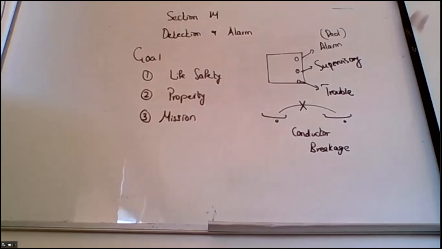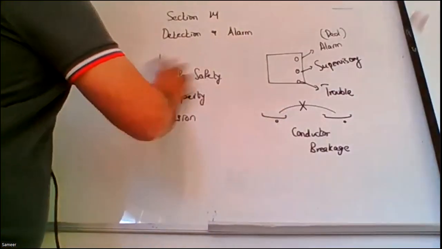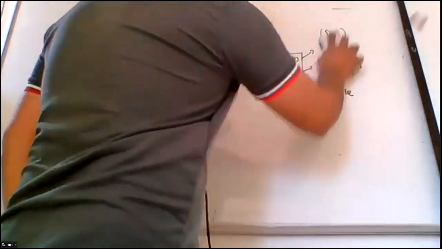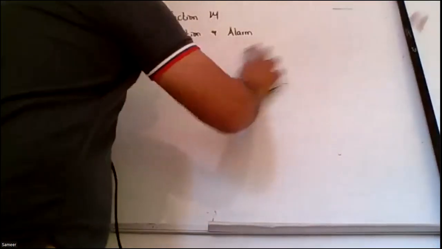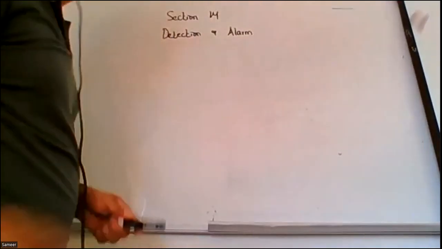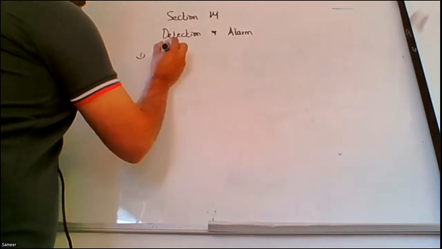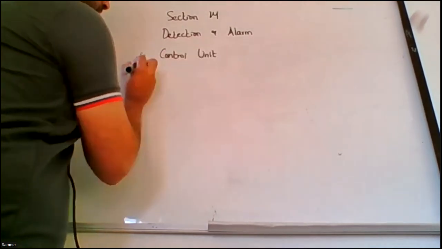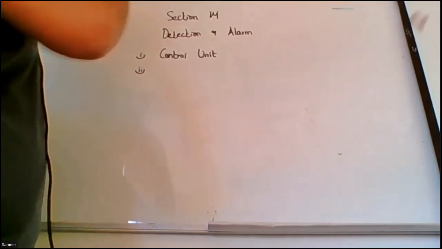Moving on, let's see what the different types of components available in a fire alarm system are. In a fire alarm system, the major components include a control unit that defines the operations of the system, how a control panel is going to operate, conventional or addressable, which we design accordingly.